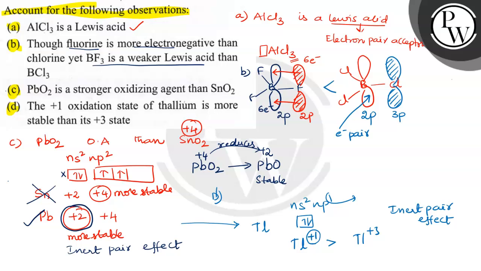Okay, so because of inert pair effect, Tl +1 is more stable than Tl +3. So whatever the statements given, all are correct, and they account for the following observations. All these observations, whatever they gave, are correct. We completed and covered all the points A, B, C, D. Hope you understood. Good luck.